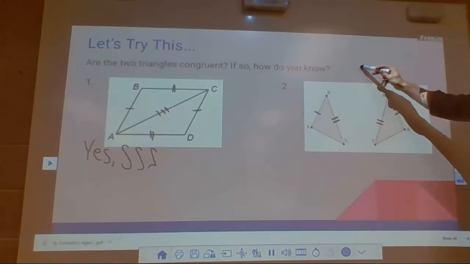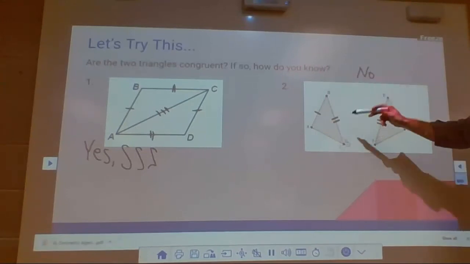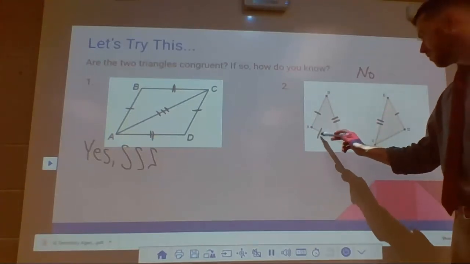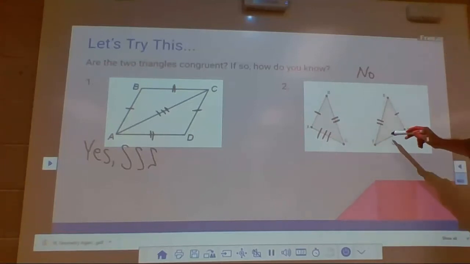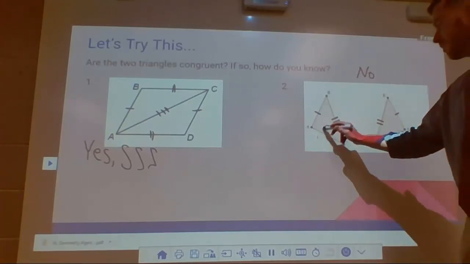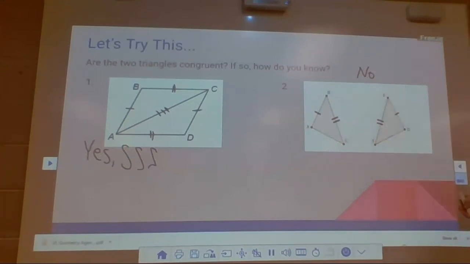So we can't say for sure that that third side is congruent. No, we don't have enough information. However, if we did know that AC was congruent to DF, then those would be congruent by SSS. But since we don't have that information, we just have to say no, they're not congruent.